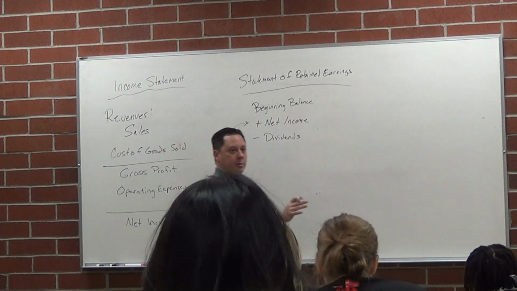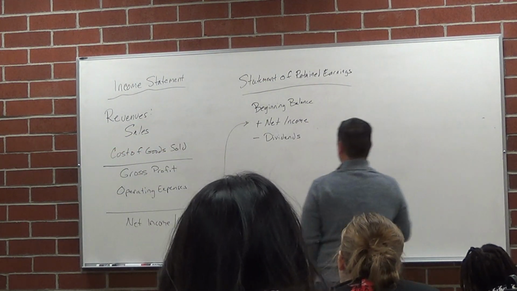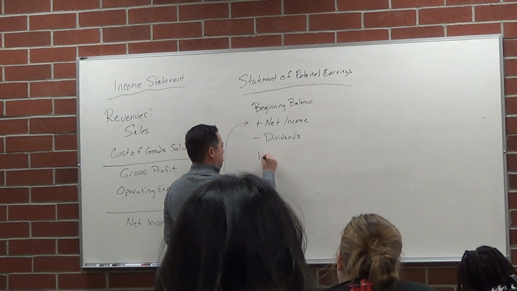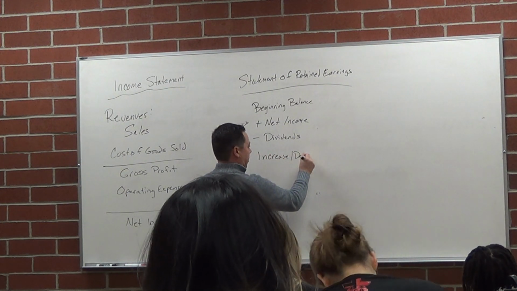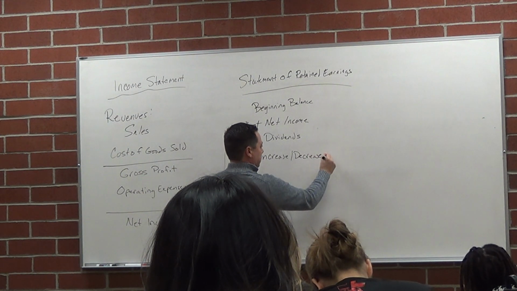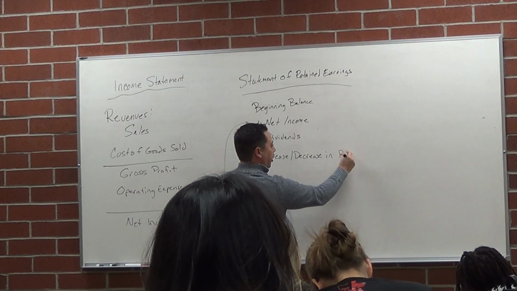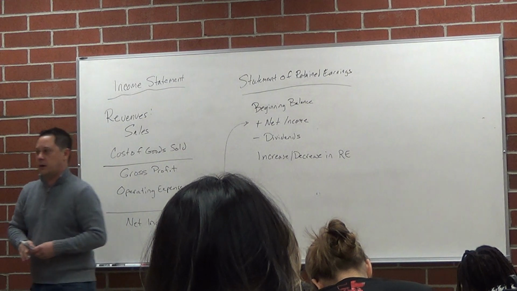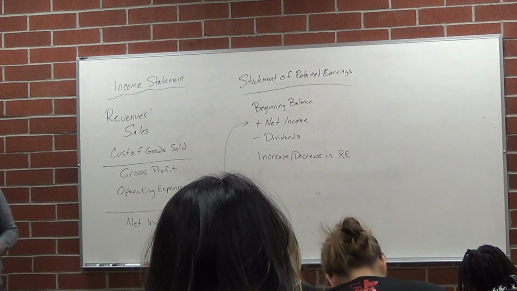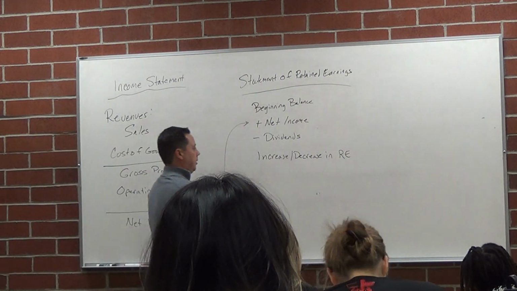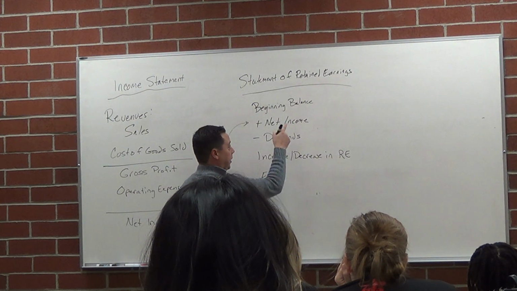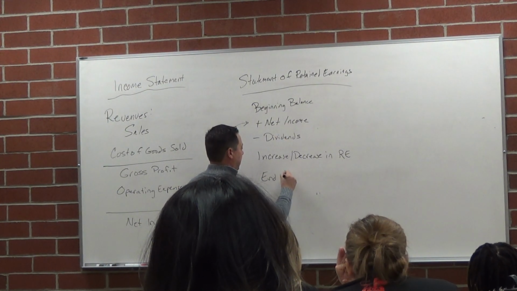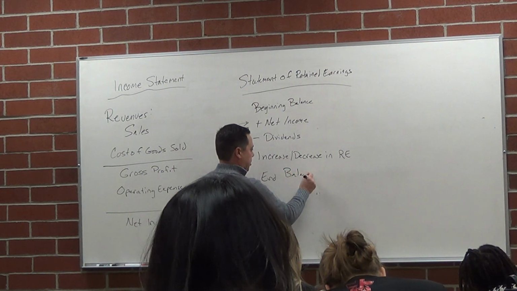What you're paying out. That gives you an increase or decrease, depending on, in your retained earnings. I'm just going to call it RE, retained earnings, okay? And then you'll add or subtract that from your beginning balance and get your ending balance at the end of the day.